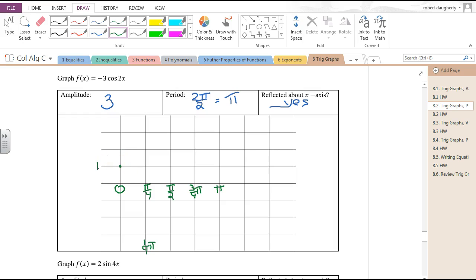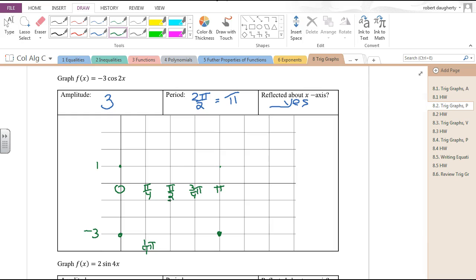So normally the cosine function starts at 1. What's the effect of 1 being multiplied by a -3? Yeah, it's going to start at -3. Okay. Normally this thing would end at 1. What's the end result of that being multiplied by -3? It's going to end at -3. Normally halfway in between is at -1. What happens when -1 is multiplied by -3?